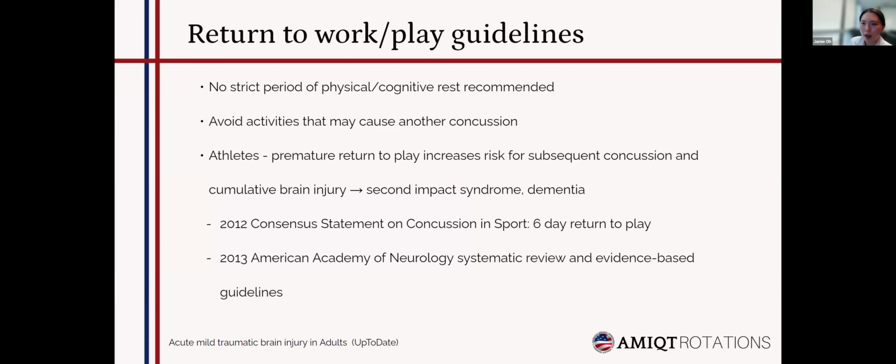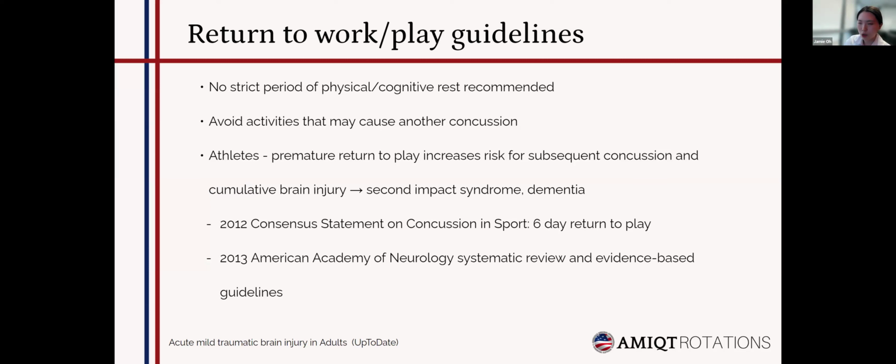I believe the 2012 consensus statement on concussion in sport recommended a 6-day gradual return to play, where the athlete would gradually increase the amount of activity they do every day over 6 days, and tailor it to how their symptoms resolve or progress.